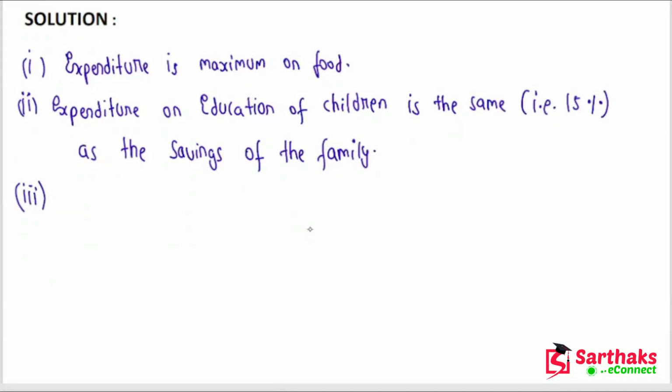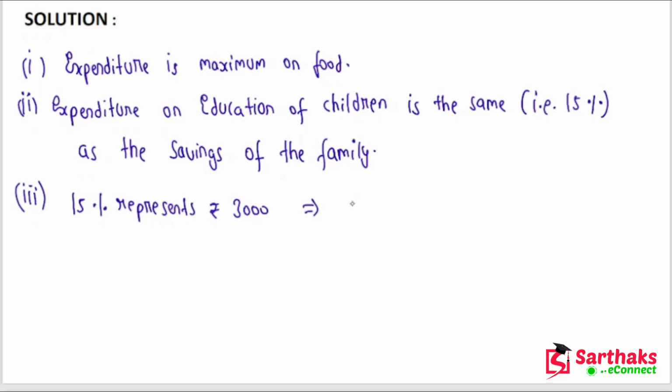So the savings of the family was 15%, which represents rupees 3000. Since 3000 has been given as the savings and savings are 15%, so 15% is rupees 3000. So let us use the unitary method. What the unitary method says is that if we are given the cost of 10 chocolates, we find the cost of 1 chocolate, so it becomes easier.